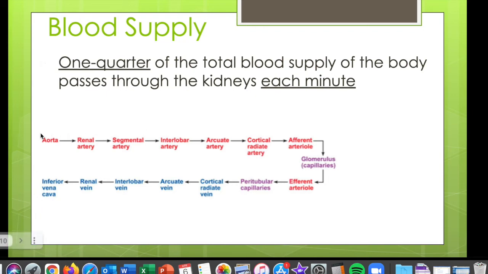But for us, it's going to be aorta, and then the renal artery takes blood into the kidney. All of these are inside the kidney. And then we would have the glomerulus, which is a ball of capillaries. That's going to be important to us. And then it's going to move into veins. We'd have renal veins bringing blood out of the kidney and joining with the inferior vena cava to take that filtered blood back to the heart.